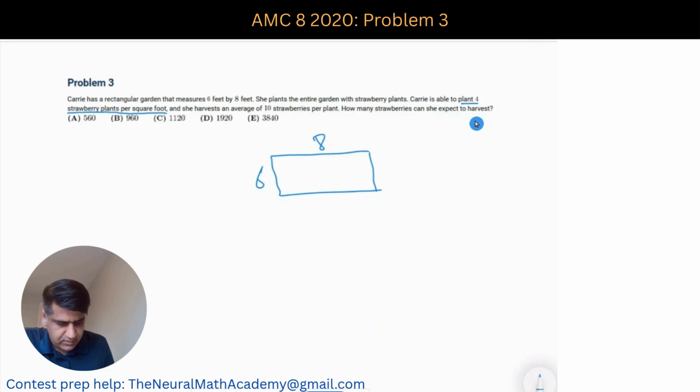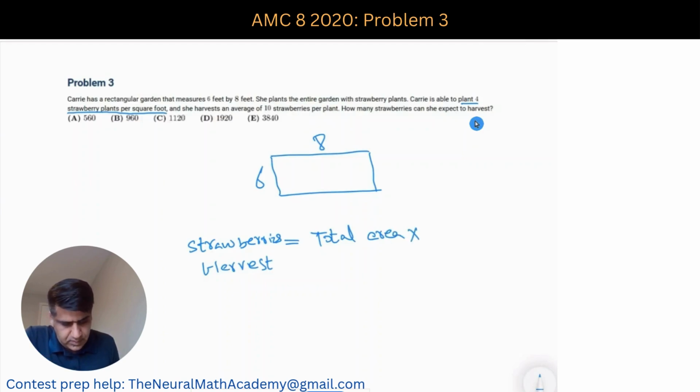So we can set it up like this: strawberries harvested is equal to total area multiplied by plants per square foot, and then multiplied by strawberries per plant.